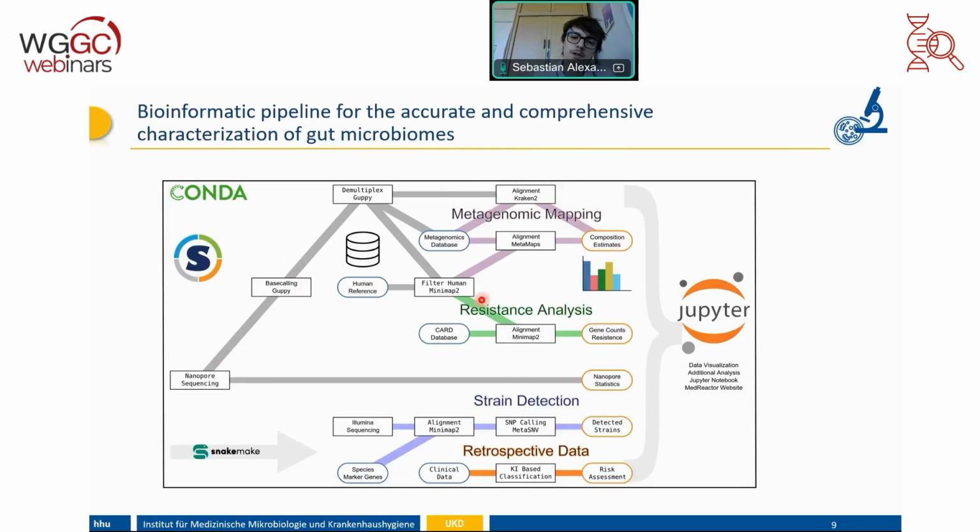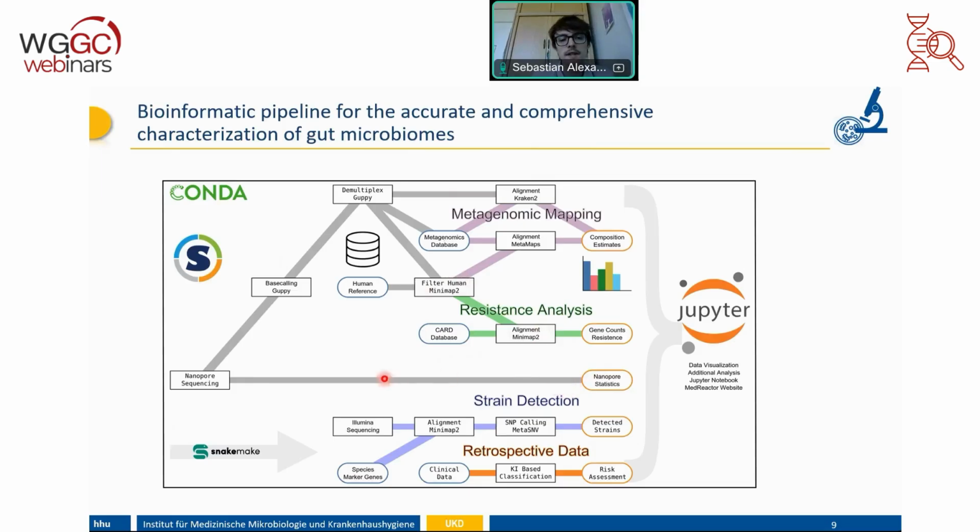We also used the mapping tool Minimap2 to map our nanopore reads against the CARD database to screen for antibiotic resistance genes in the found species.